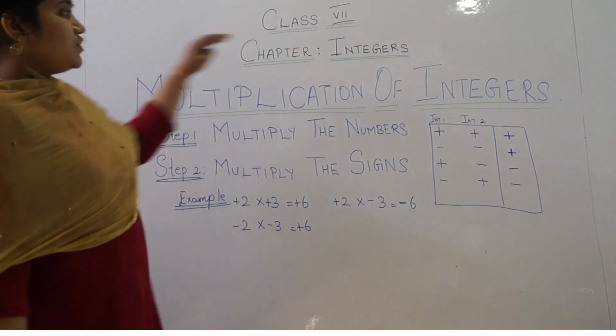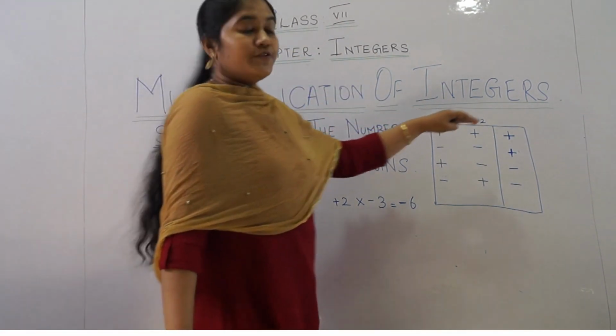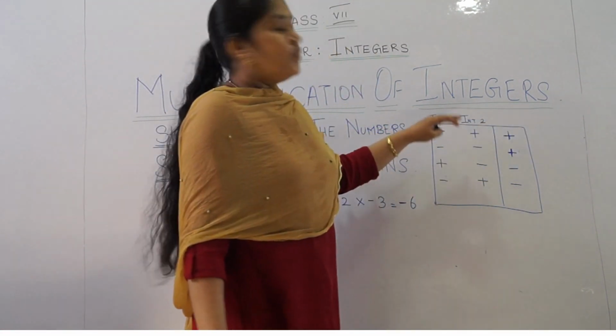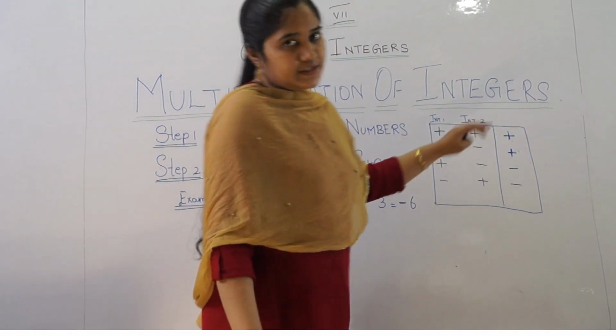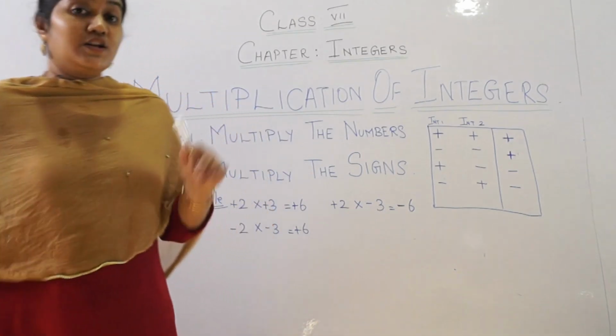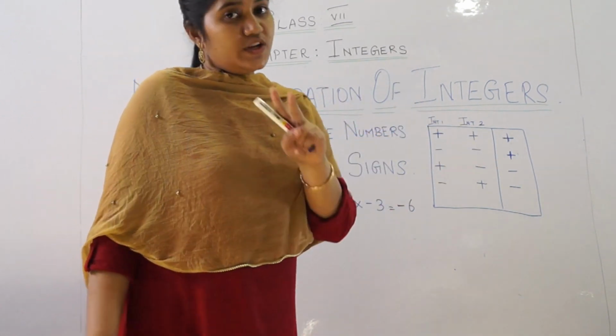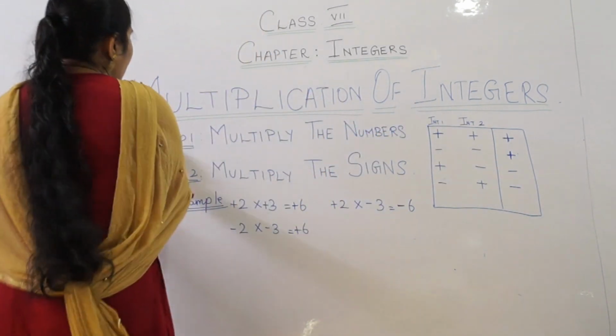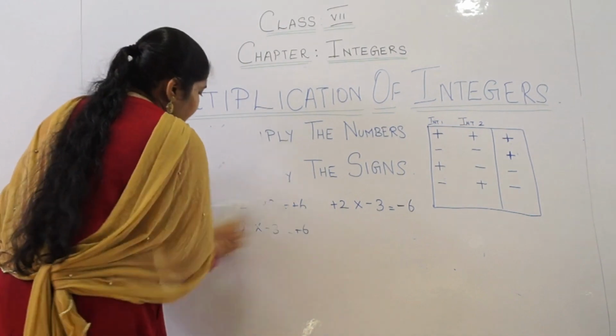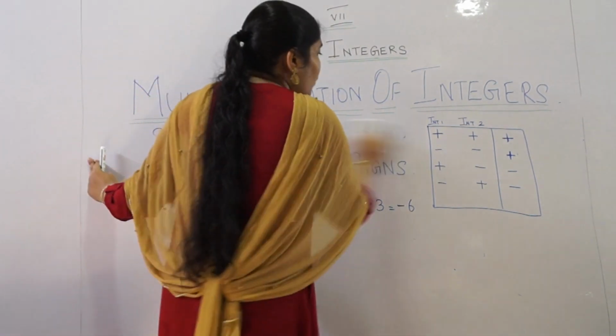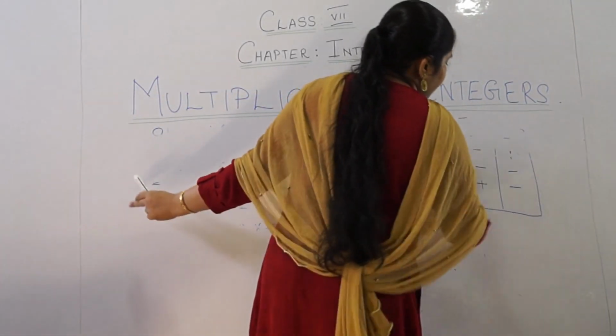So for multiplication of integers, it is important for you to know this tabulation where it involves only two integers. Now so far we saw the multiplication of integers having only two integers. Now let's see an example where more than two integers are involved.